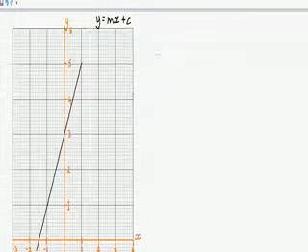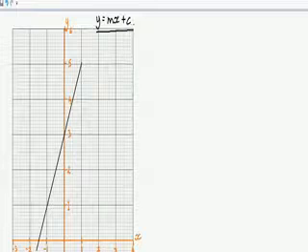So sometimes they can give you, I call it blind line, which is we have a line and they say find the equation of the line. So we know that the general term for a straight line is y equals mx plus c. The only thing we've got to find is how steep is this line and where does it cut the y-axis.